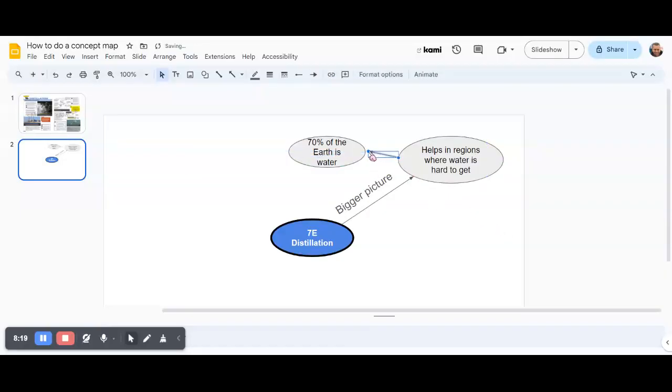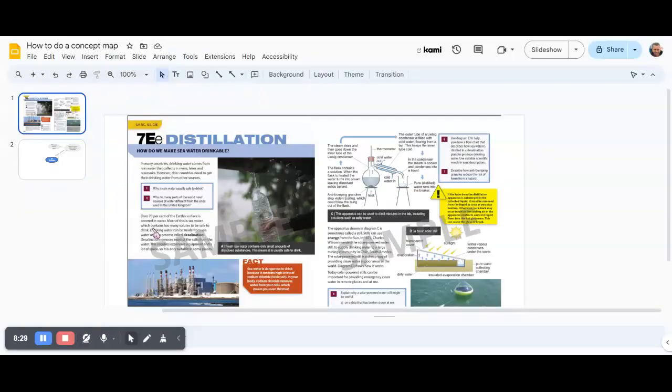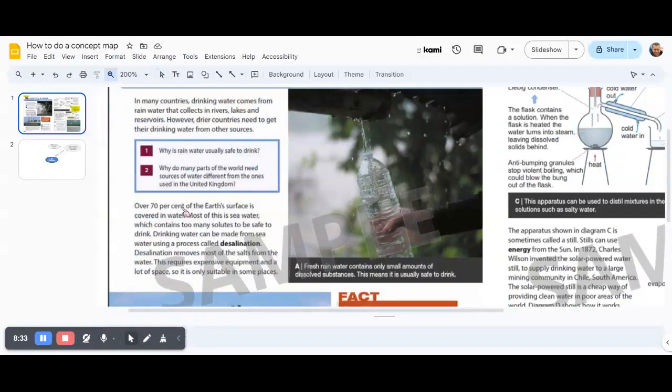This seems to be a fun fact: 70% of the Earth is water. Then we need to go back to our original paragraph. Most of this is seawater, which contains too many solutes to be safe to drink.